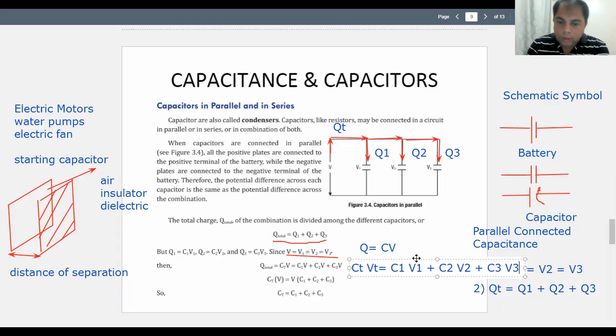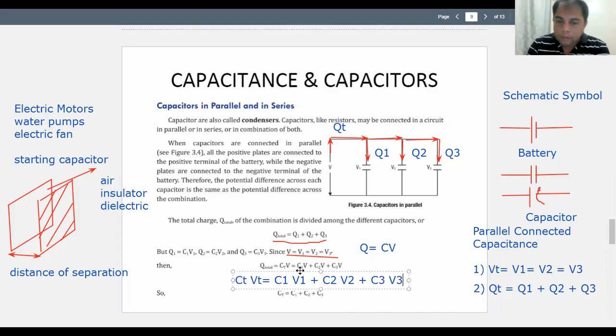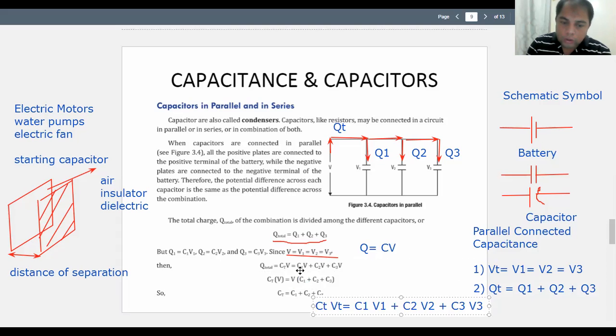Again, this equation comes from our idea of total charge equals Q1, Q2, and Q sub 3.